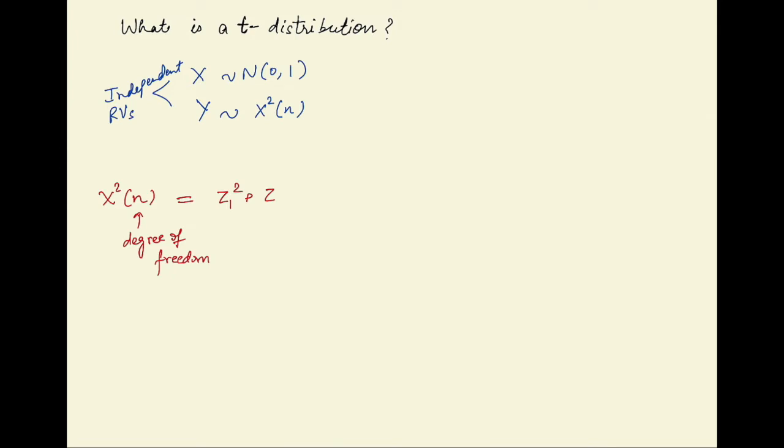If we pick n IID random variables and add their squares, then whatever distribution we get, we call it a chi-square distribution with n degrees of freedom. Here Zi is a normally distributed random variable with mean 0, standard deviation 1, and all these Zi's are IID.